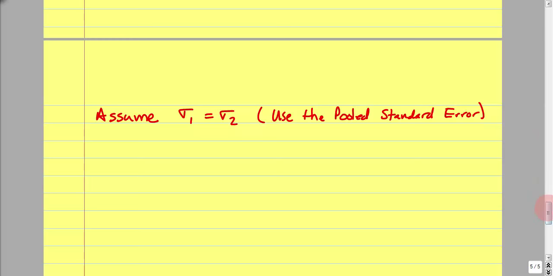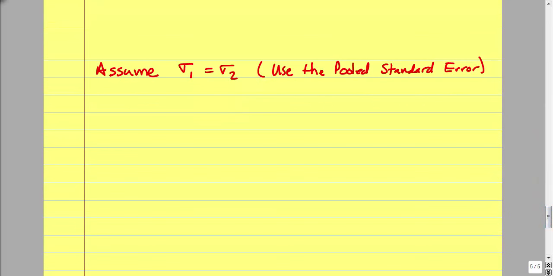So let's go ahead and look at our two populations. This has two groups. Our first group would be a low protein diet for young children, and the second group would be a high protein diet for young children. And what we're going to be looking at is whether there's a difference in growth rates for these two groups. For the low protein group, we have a simple random sample of 45 children.